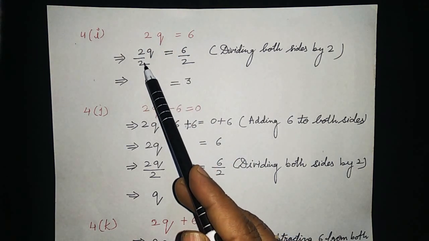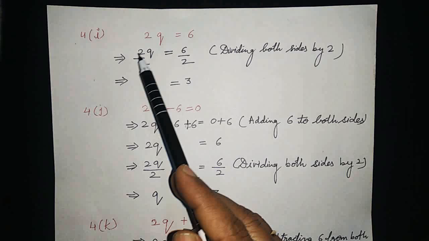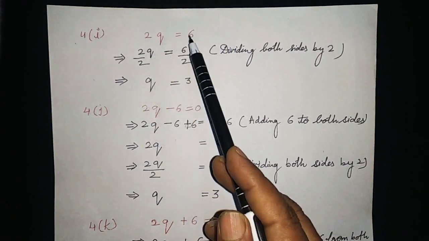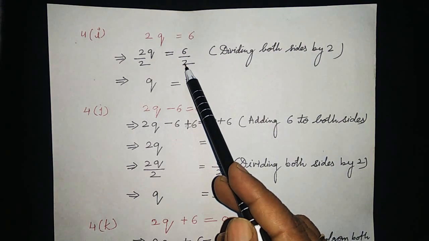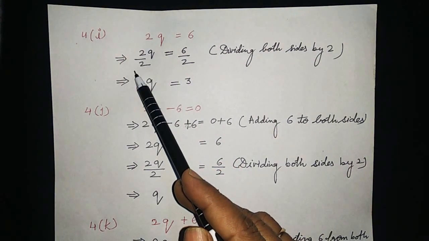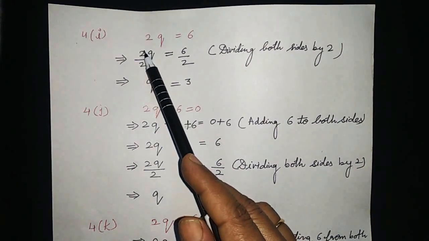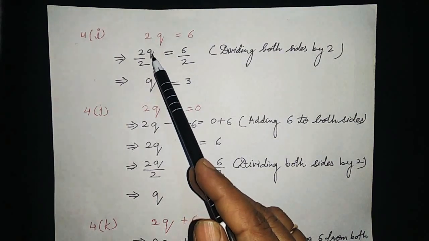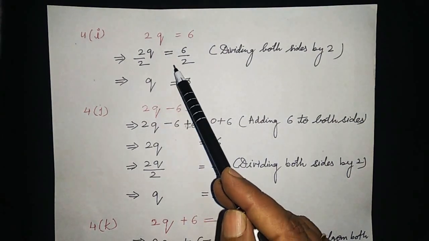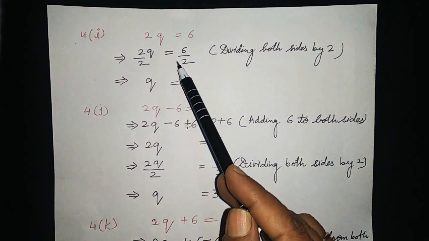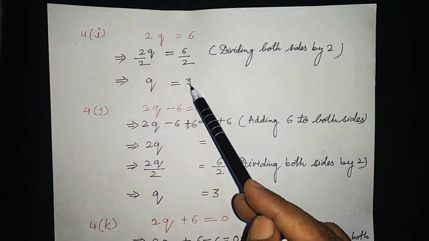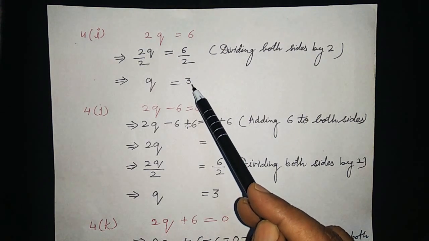So you can see in this step 2q divided by 2, and on right hand side 6 divided by 2. Now 2 1 ja 2, 2 1 ja 2, what will come? 1. And 1 into q, what will come? Q. And here on right hand side, if you divide 6 by 2, 3, you will get an answer.